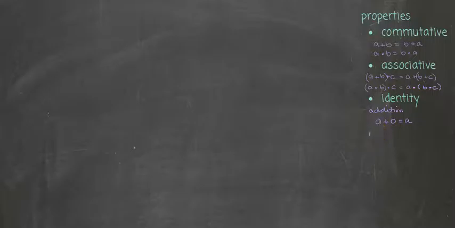And for multiplication, there is something that you can multiply to A so that you get A back. And of course, that's a 1. A times 1 gives you A. 1 is the identity element, so let's write that down. Identity element. In addition, the identity element is 0, and in multiplication, the identity element is 1.